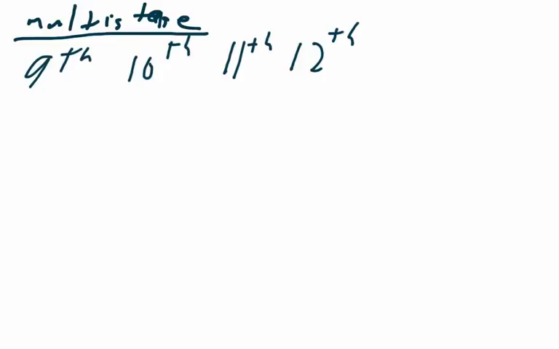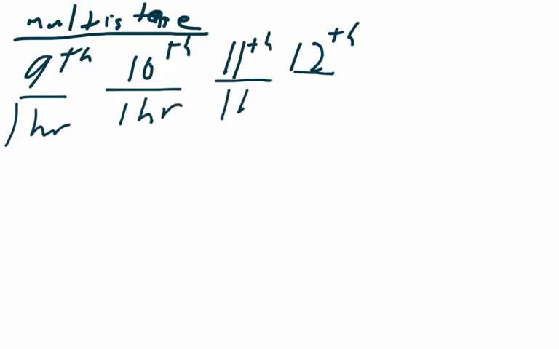And instead of picking some from each one, we're going to pick 1 homeroom, 1 homeroom, 1 homeroom, and 1 homeroom. And so we will get a representation of 9th, 10th, 11th, and 12th graders. And we will also have the cluster because we picked 1 homeroom from each class. And that is probability samples.